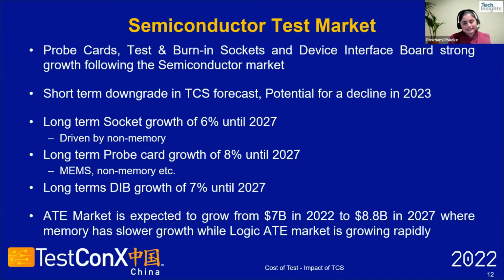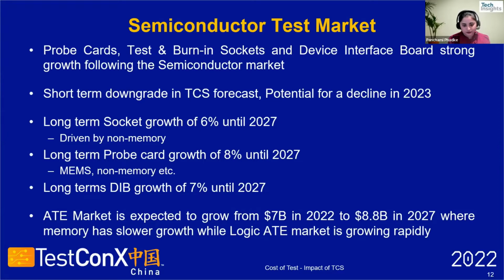Now let's see the short and long-term growth of the segments of the test market that we just discussed. As I already told you, probe cards, test and burn-in sockets, and interface boards follow the semiconductor market, and we can expect a downgrade in 2023. The long-term socket growth of 6% is mainly driven by the non-memory socket market.